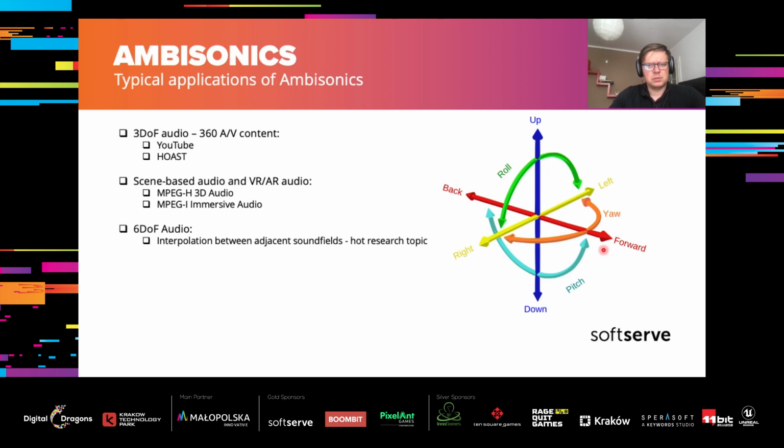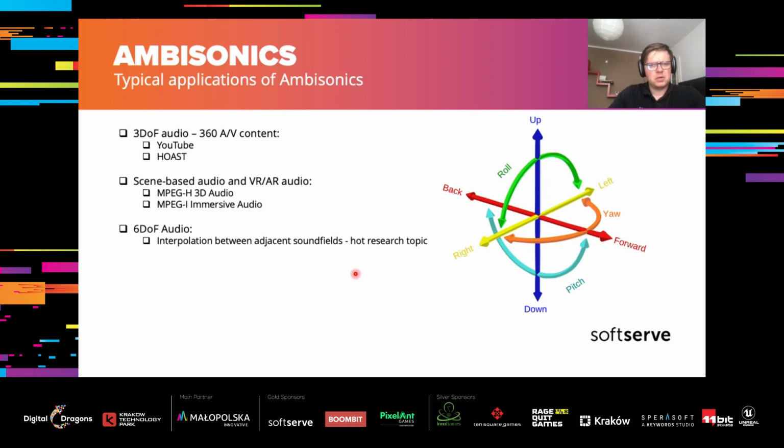And the other type of content is 6 degrees of freedom audio, where next to our 3 degrees of freedom, which were pitch, yaw, and roll rotation, we have additional 3 degrees of freedom, that is moving forward and backward, left, right, and up, down. So the user here has a full freedom in navigating the sound scene.